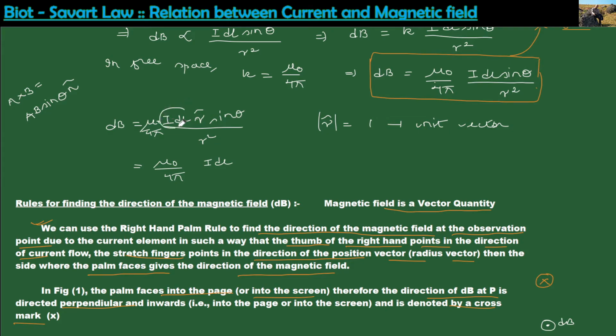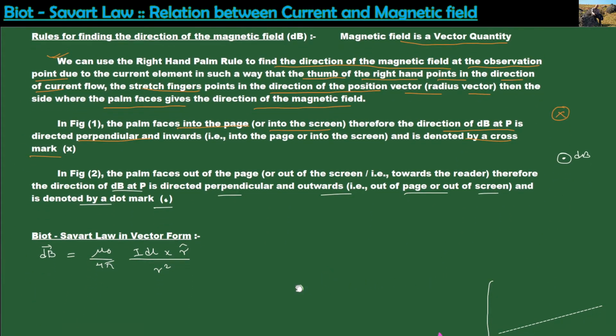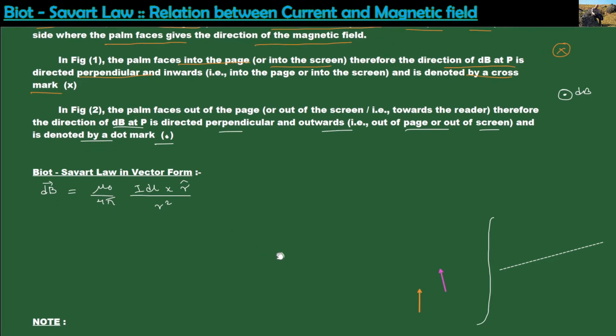This will be our A vector, or the first vector, and this r cap will be our second vector, which means this is nothing but I dl cross r cap divided by r square. So this is the way to write the expression of dB in vector form. That is why it allows me to write this expression.